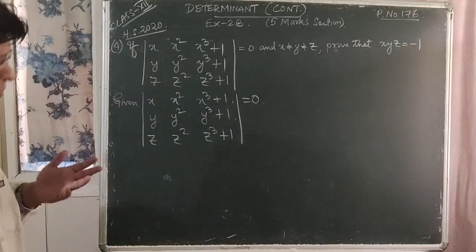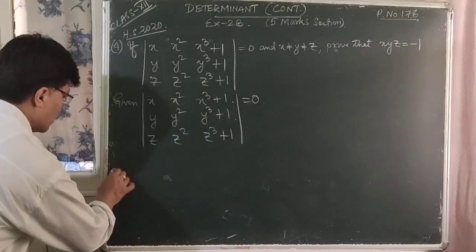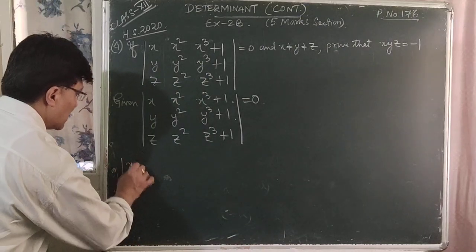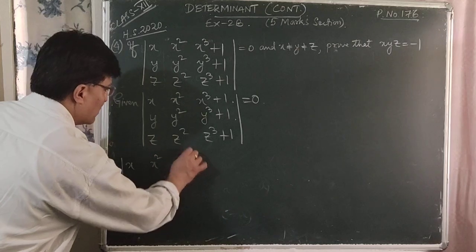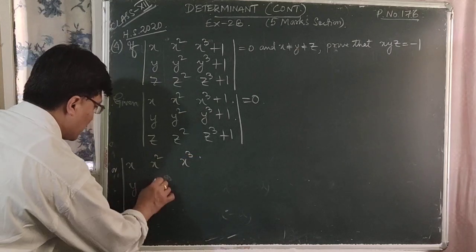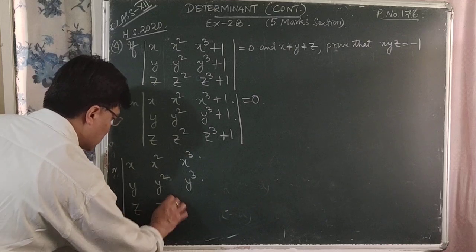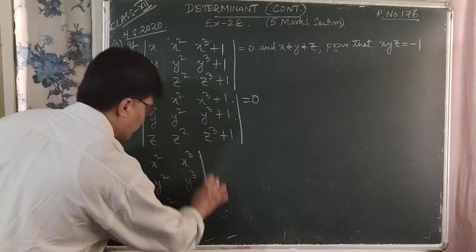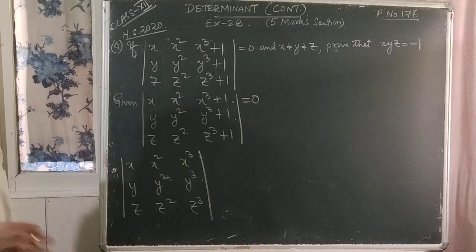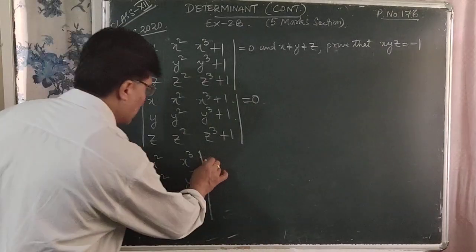You know that, isn't it? So this is the determinant with rows x, x square, x cube; y, y square, y cube; z, z square, z cube, right? Then what is the second determinant?